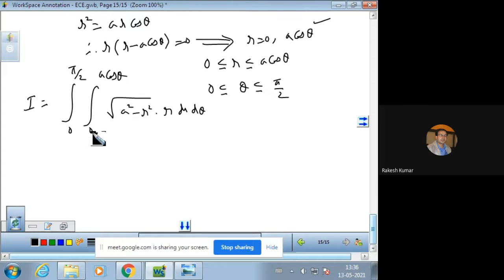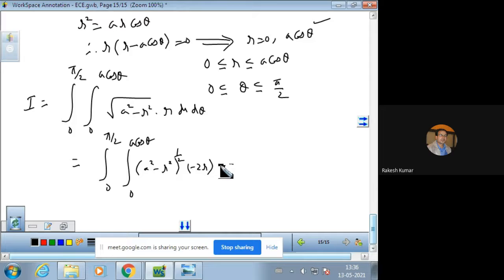So let us integrate it now, and you have to integrate with respect to r first. Just see, these are the limits of r. So it means we will have a square minus r square raised to power 1 by 2, from 0 to a cos theta, and here we require minus 2r dr and d theta.